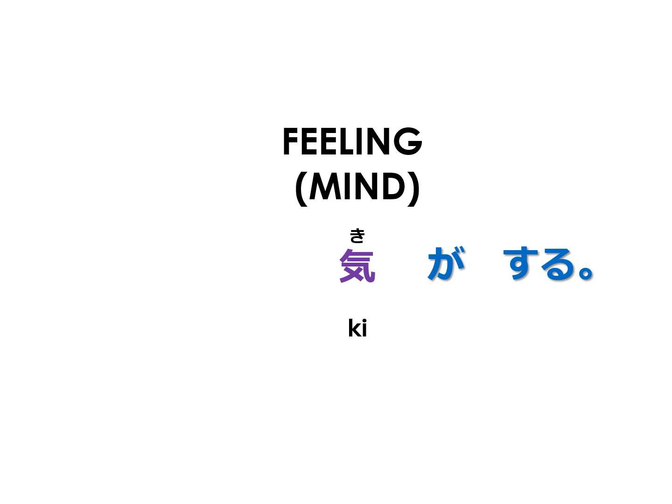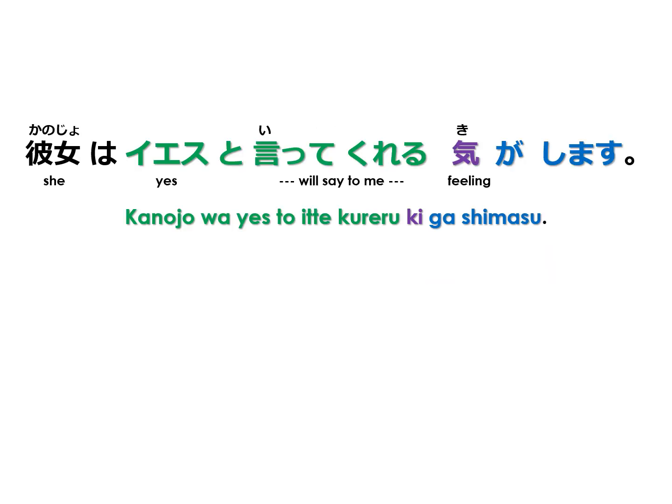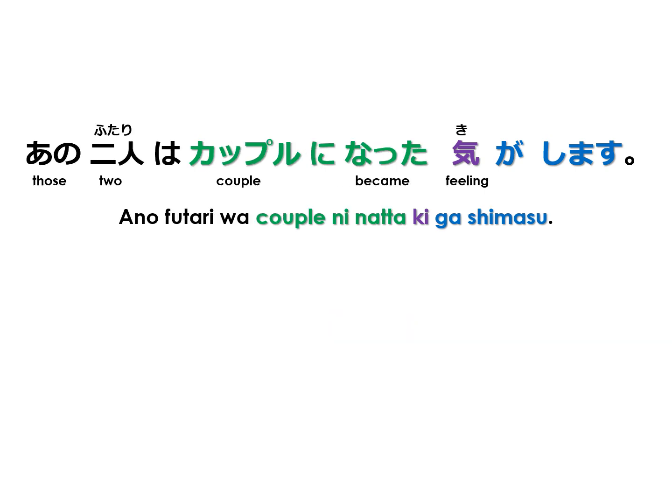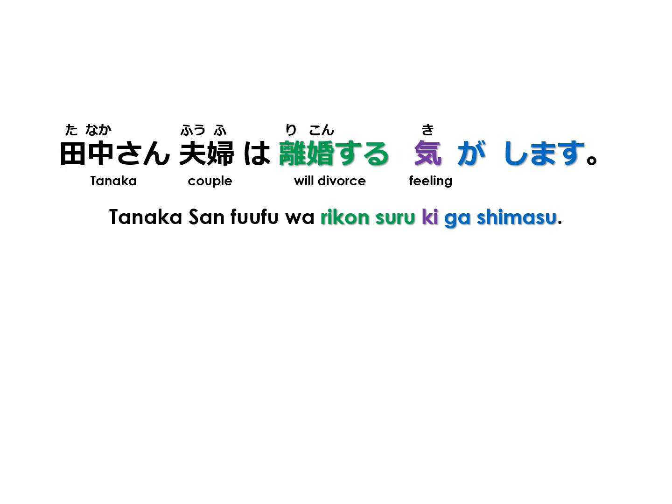Let's look at sample sentences using this structure. 彼女は Yes と言ってくれる気がします. It feels like she will say yes to me. あの二人はカップルになった気がします. It feels like those two have become a couple. 田中さん夫婦は離婚する気がします. It feels like the Tanaka couple are divorcing.